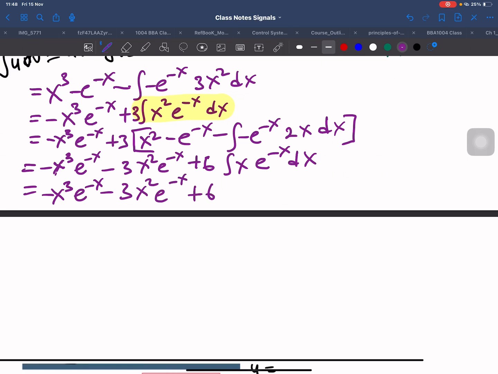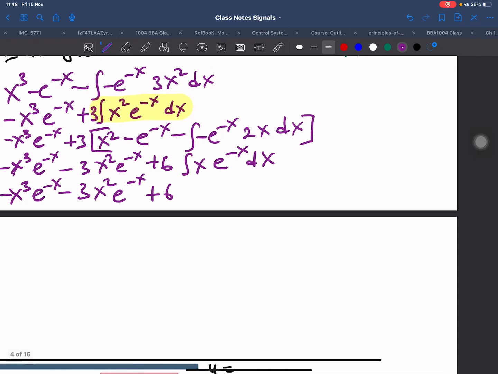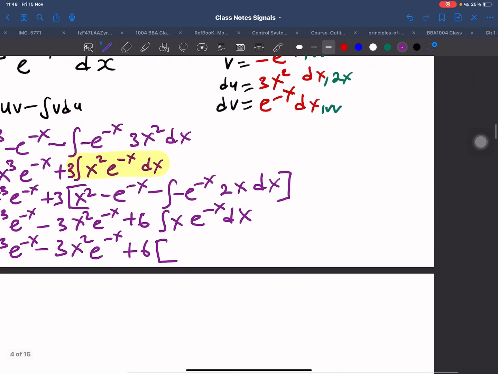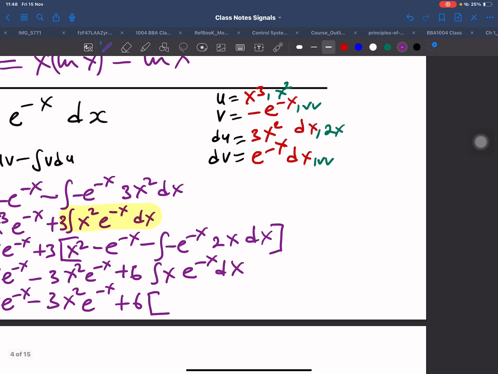If you integrate, we're going to do another form of integration. So here our u will now become x, and our du becomes 1 dx.